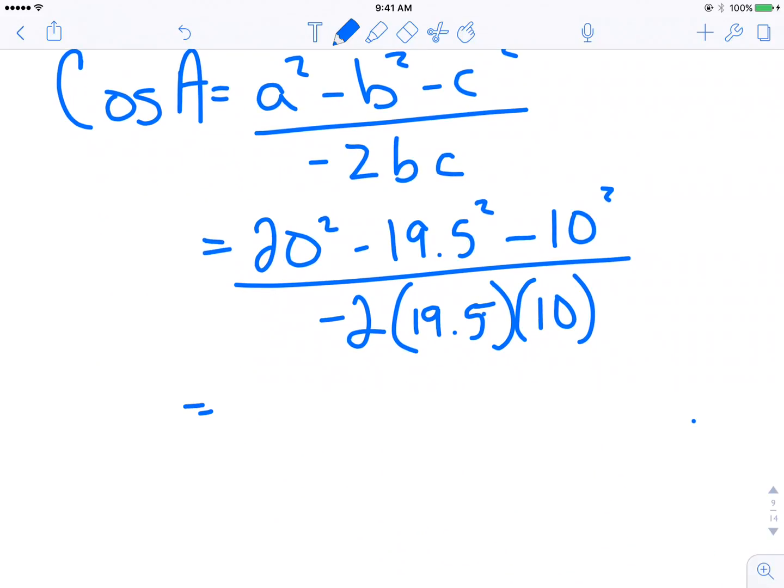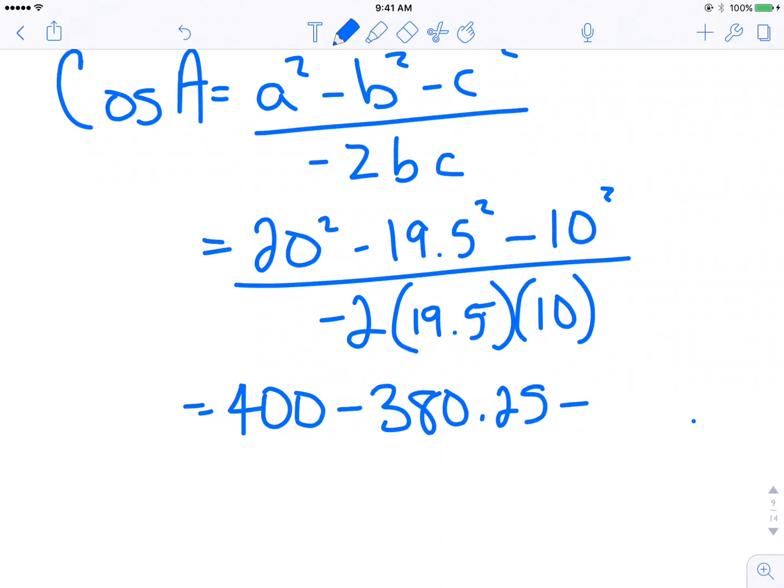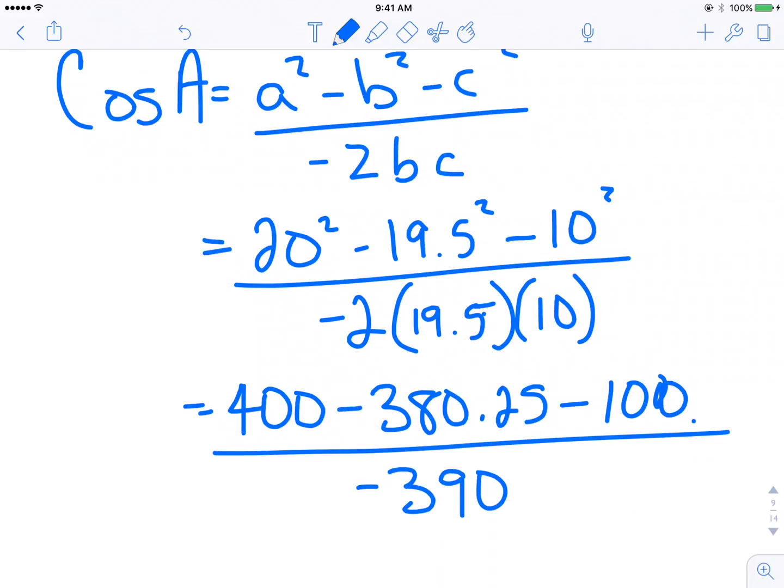Start to calculate. 400 minus 19.5 squared. 19.5 squared is 380.25, minus 100, divided by negative 390.